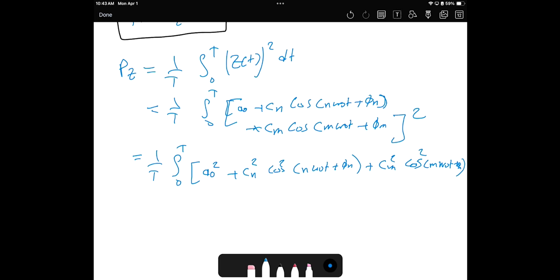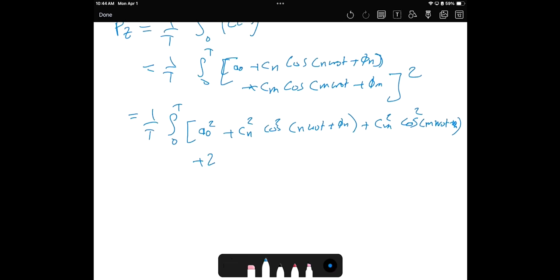Then we get the square of each term. Then there will be combinations: a and Cn, a and Cm, Cn and Cm. So there will be another 3 pairs, each multiplied by 2.